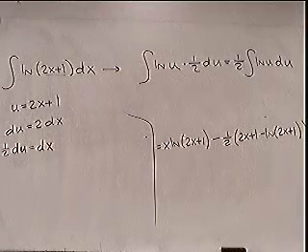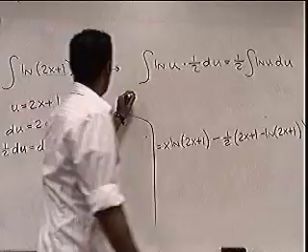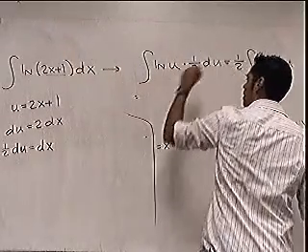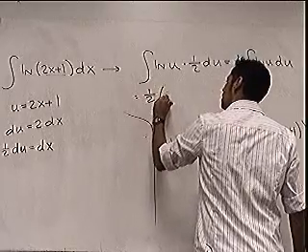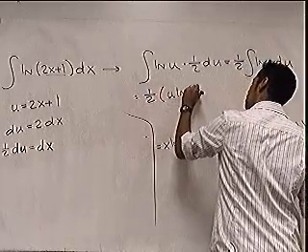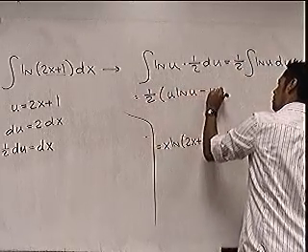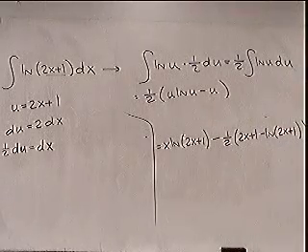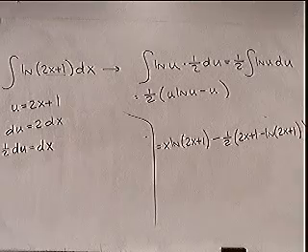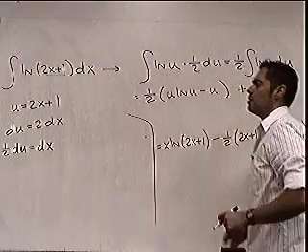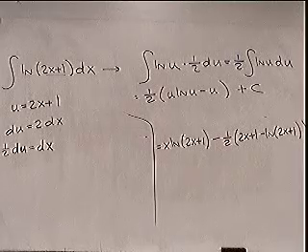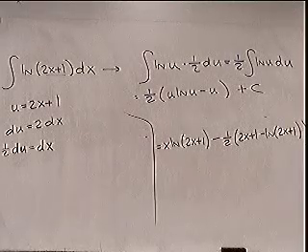So the 1/2 is going to come out: 1/2 times u natural log u minus u, plus c. Replace all your u's with 2x plus 1, and you're done. It goes a lot cleaner that way.